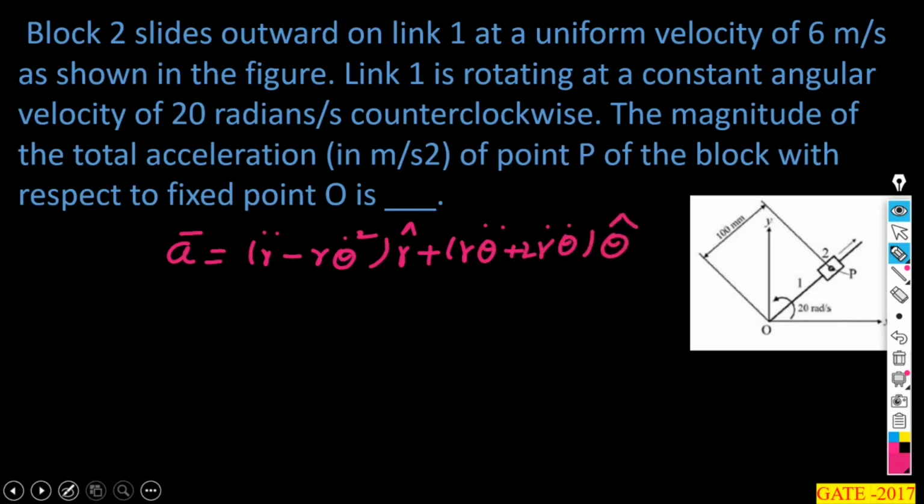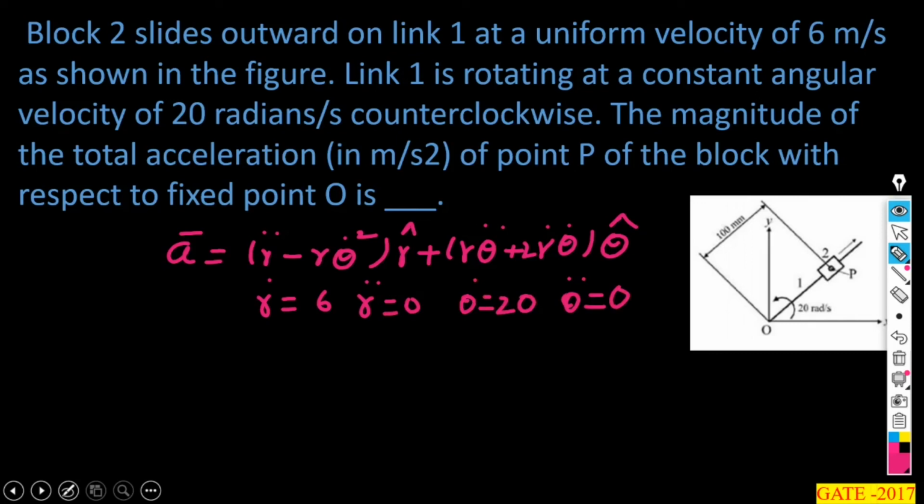Then in the problem we are given that r dot is equal to 6, which is constant. Again r double dot is equal to 0 and theta dot is equal to 20 and theta double dot is equal to 0. You can substitute all the values here.